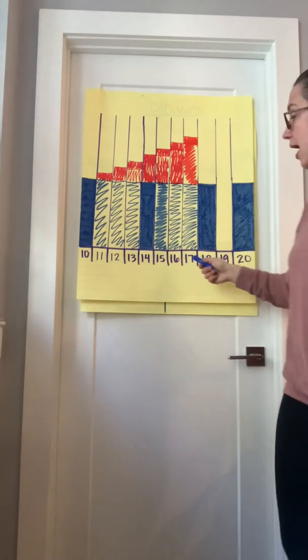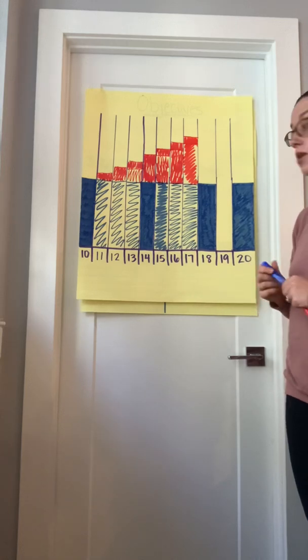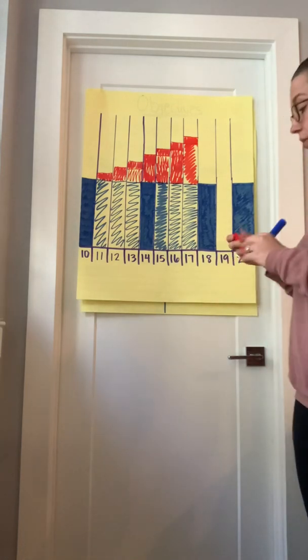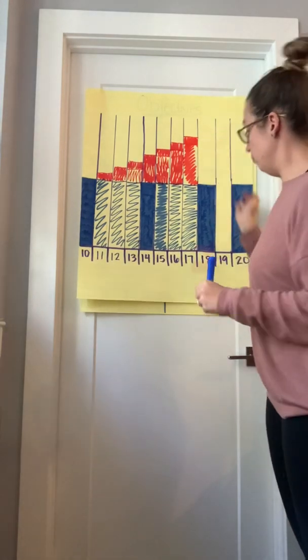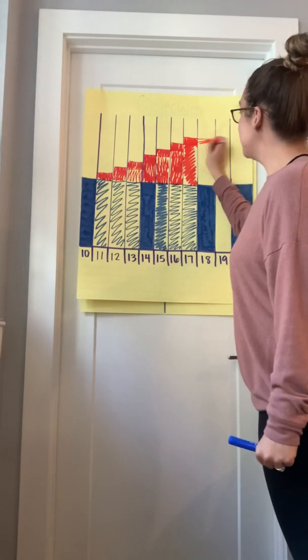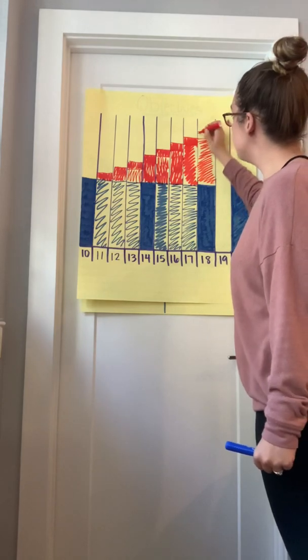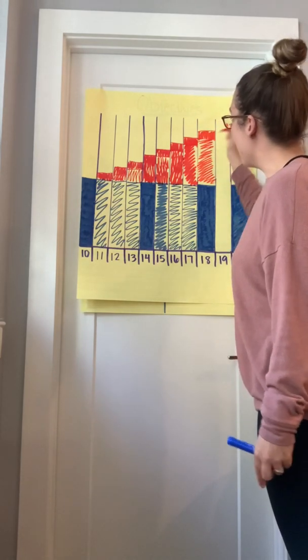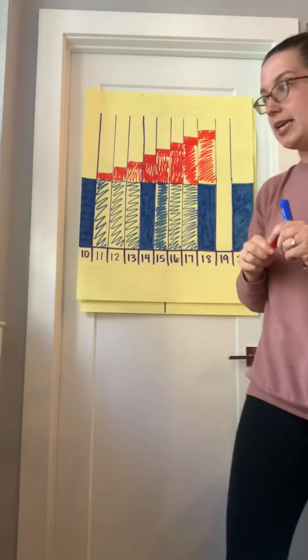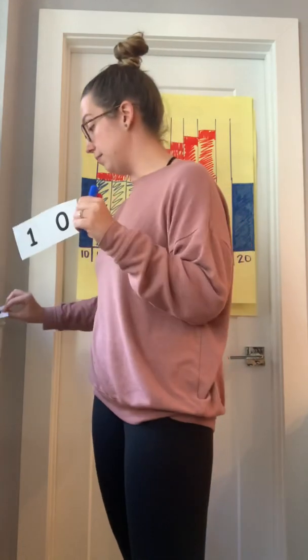Let's keep going. How many more do we have to add to get to 18? 1 more. So 18 has a 10, 7 ones from the 17. Add 1 more. And that is 18. So 17, 1 more is 18. We have 10 and an 8 together makes 18.